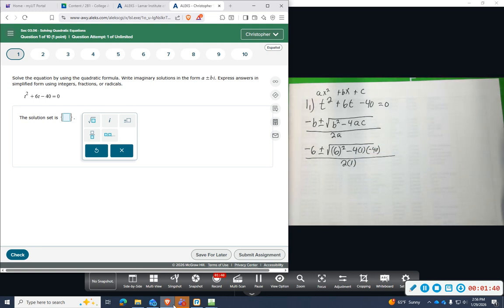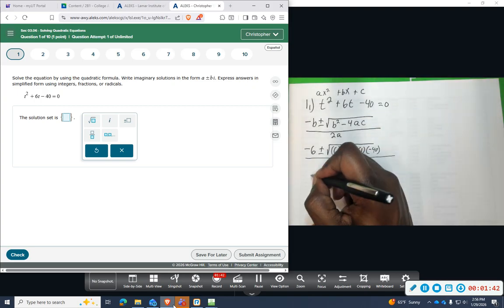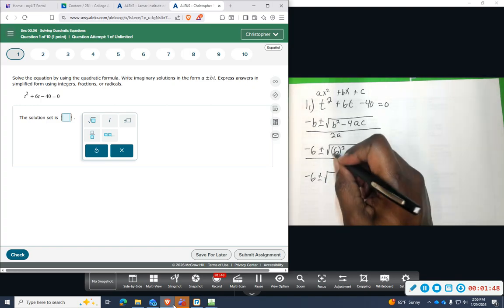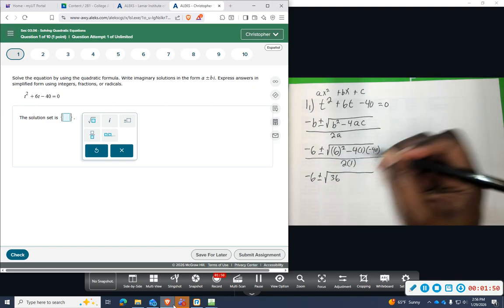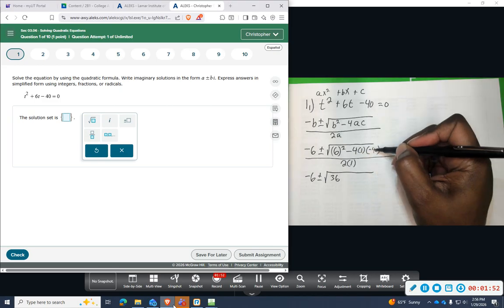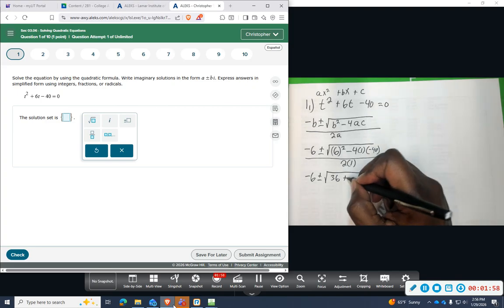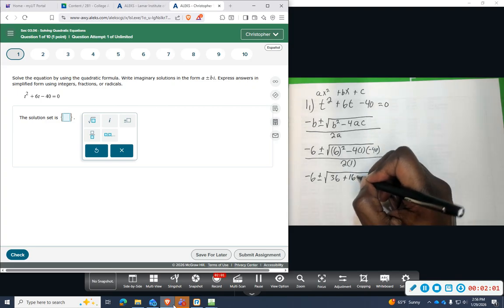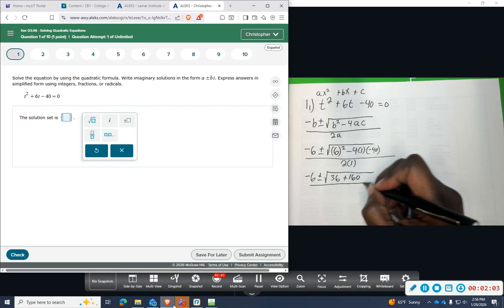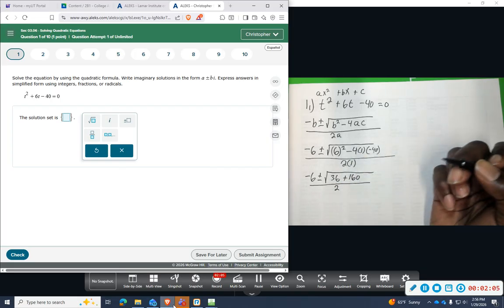Okay, so here we'll just start simplifying and work our way down the page. So negative 6 plus or minus square root, this will be a 36, and negative times negative will be a positive. 4 and 40 will give us 160, so this will be plus 160, all divided by 2.